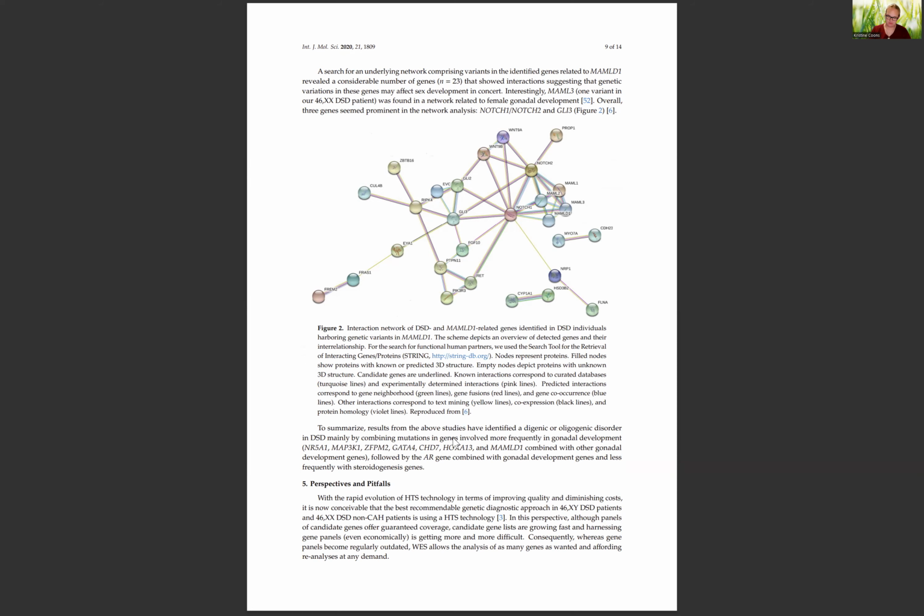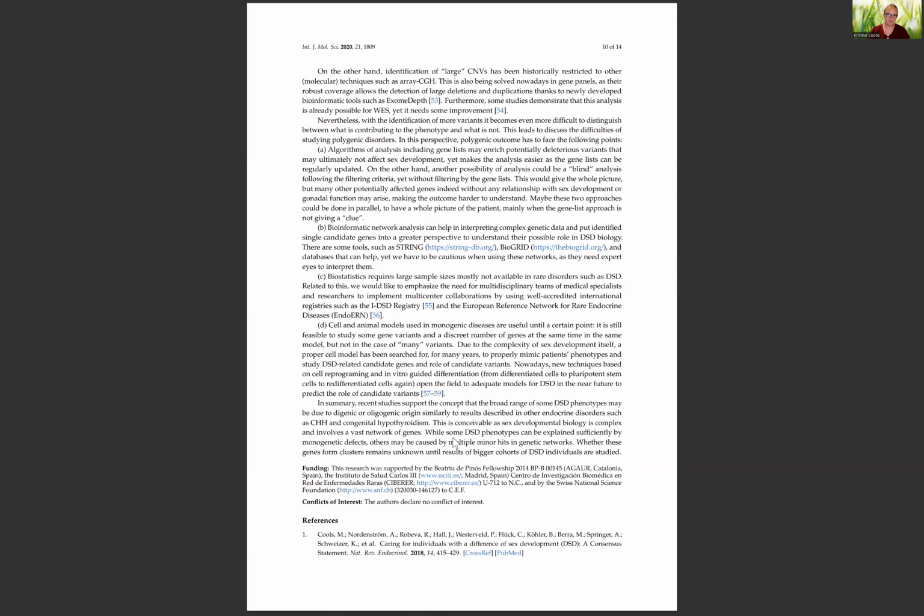The last part of this talks about some of the pitfalls. Again, going back to these gene panels where not all the genes may be included in a gene panel. And we have to be careful with that because there are people that do get tested where things come back negative. Well, it certainly could be a false negative.